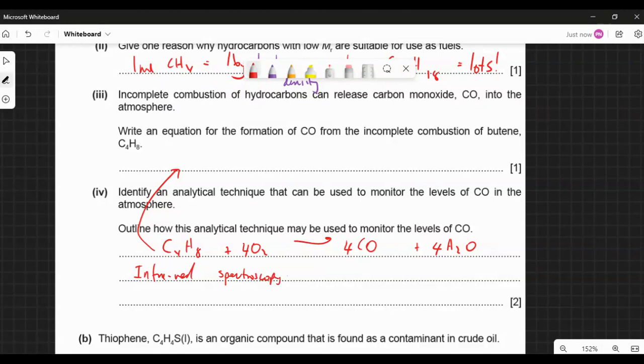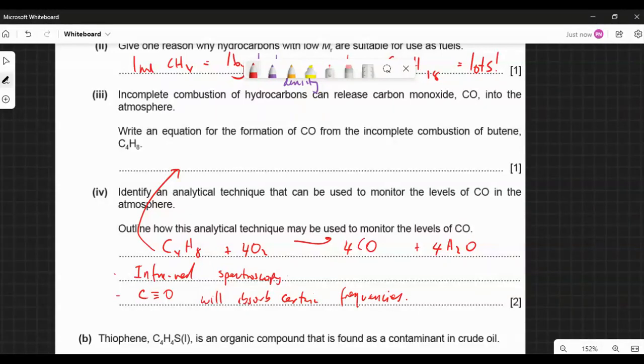Outline how. Well, what it will do, the carbon monoxide, the C triple bond O, will absorb certain frequencies. Make sense? It will absorb a certain frequency.